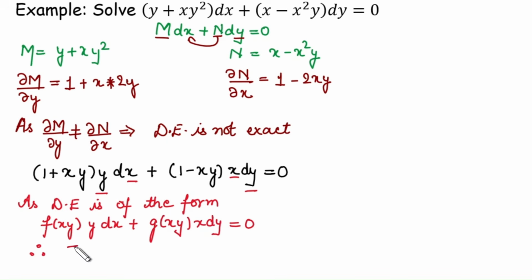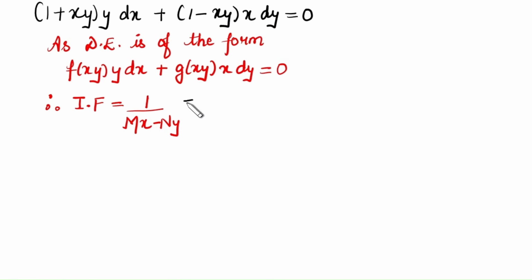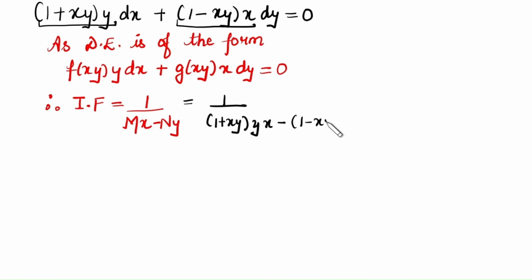Therefore, the integrating factor is equal to 1 upon (Mx − Ny). This is equal to 1 upon, the value of M is (1 + xy) y multiplied with x, minus N, (1 − xy) x multiplied with y.